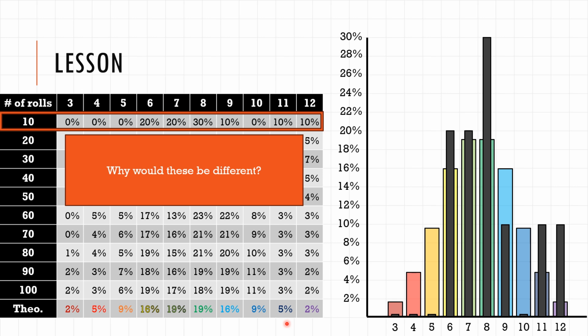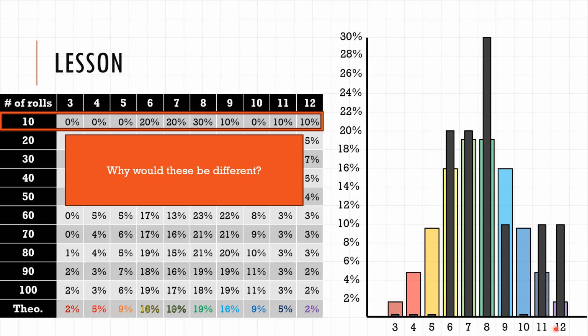In fact, theoretically, there is a chance, it's a very, very small chance, but there is a chance that with all 10 of our rolls, we kept on rolling a 12. That chance is so small that I would say it's almost impossible to roll a 12 10 times. You would have to beat this 2% probability, and you have to do that 10 times?